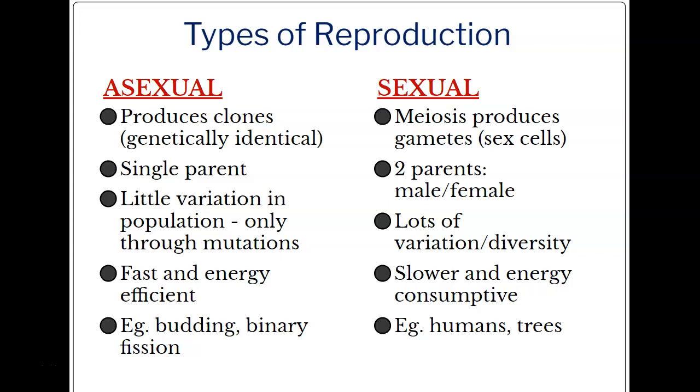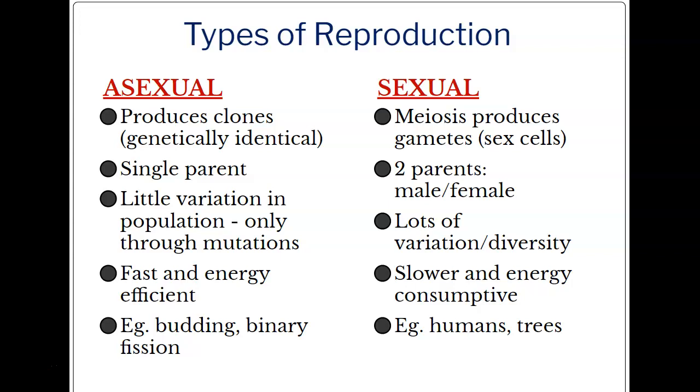And there can be mutations that arise randomly, and that can yield some variation between organisms, but generally speaking, they're all the same. It's fast because you only need one parent. You don't have to find another. It's energy efficient. Usually this happens by either budding off a little piece or something called binary fission, which basically just means it kind of cuts itself in half.